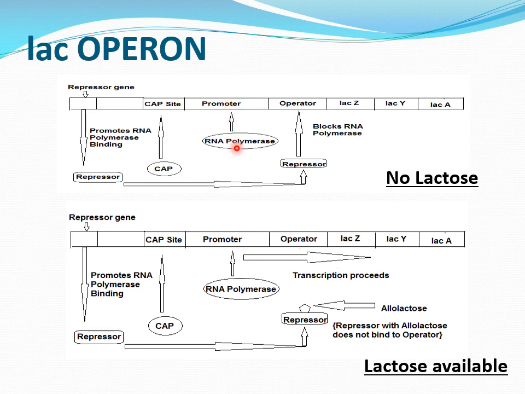It is this promoter region where the RNA polymerase binds and is responsible for the transcription of this polycistronic unit.